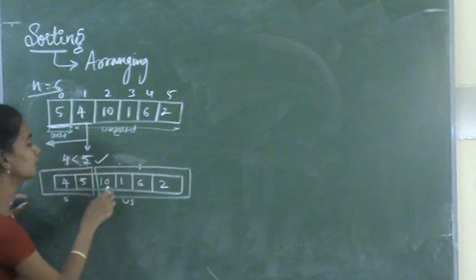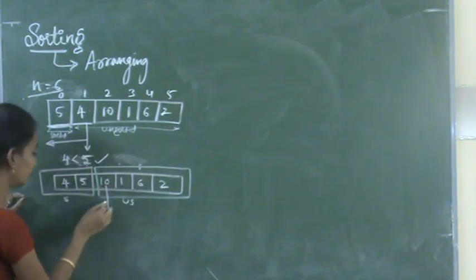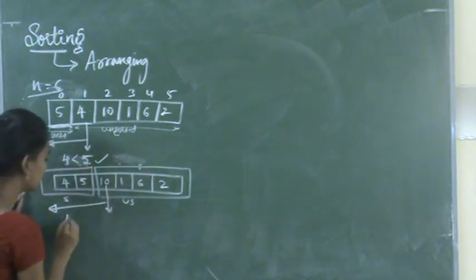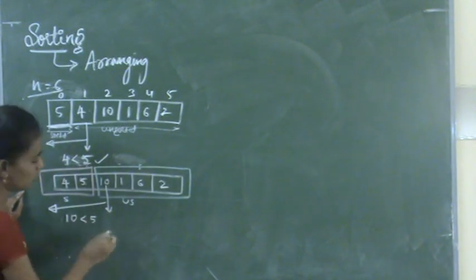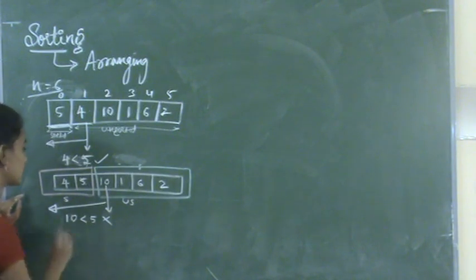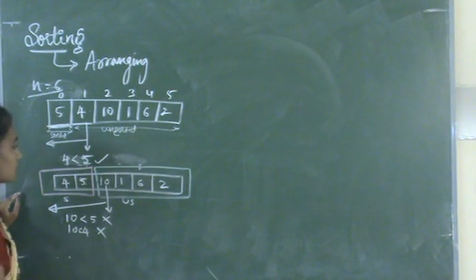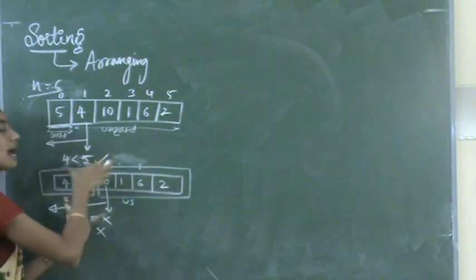Now I need to compare this element with the sorted array. 10 less than 5? No, so we are not swapping the array elements. Again, 10 less than 4? No, so we are not swapping, and the array stays as it is.